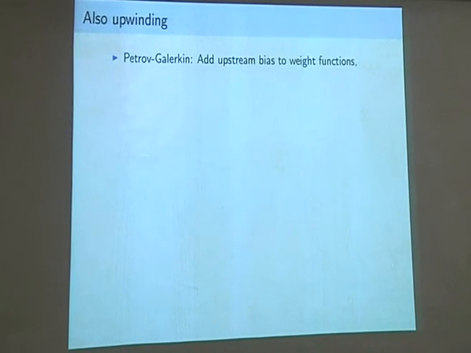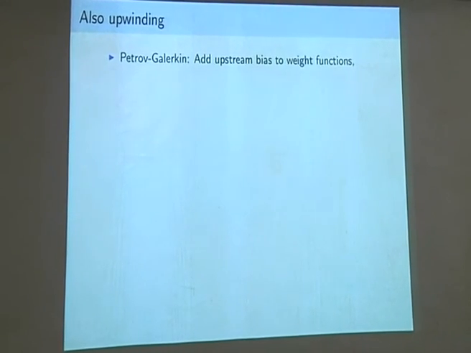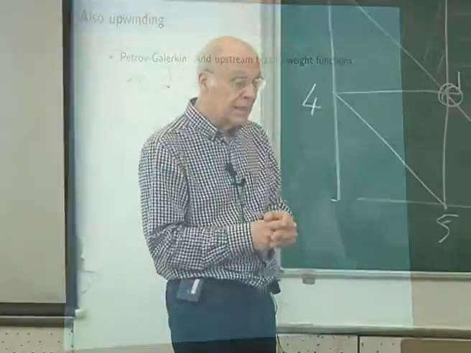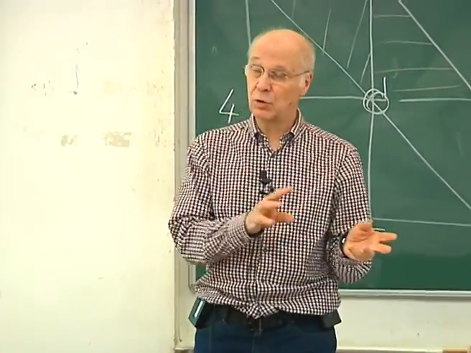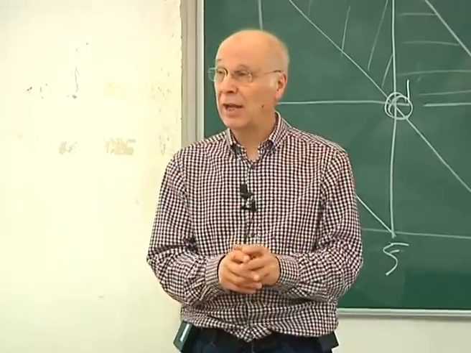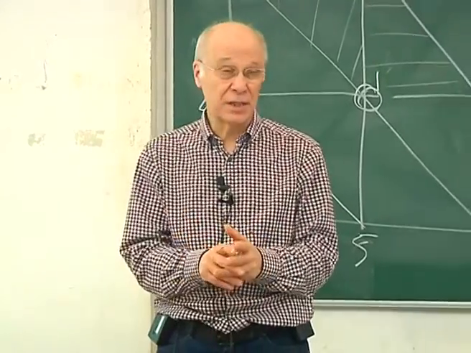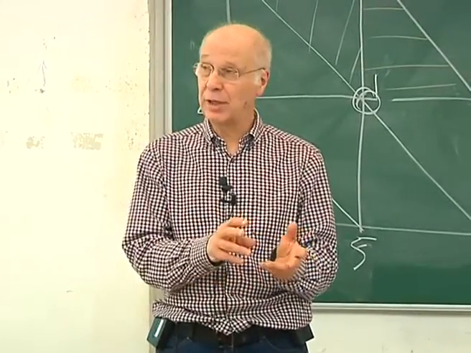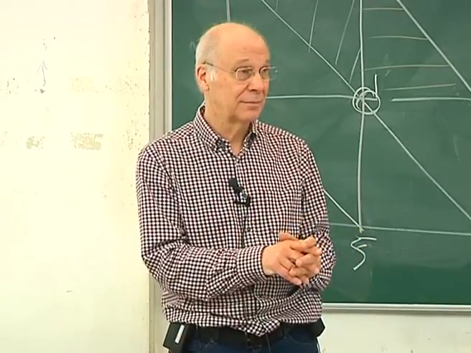Okay, so there's just a couple of other random things to say. Remember, in finite differencing, we worried about upstream influence to get u dot grad u right. So there is something called Petrov-Galerkin, where you fiddle with the basis functions to end up doing a bit of upstream influencing.